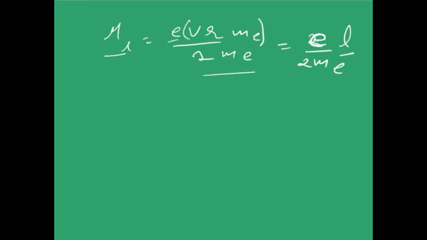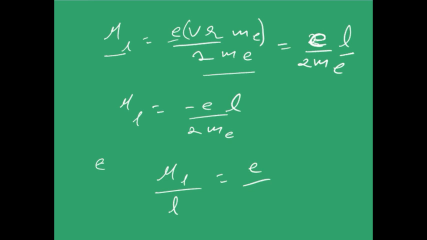Okay, and note that this electronic charge is negative. So if I write it exactly, it should be something like this. This negative sign indicates that the magnetic moment is in the opposite direction to the angular momentum. Okay, if you take some other charge whose charge is plus e, then it would have been something like this: μL by L is equal to e by 2me.